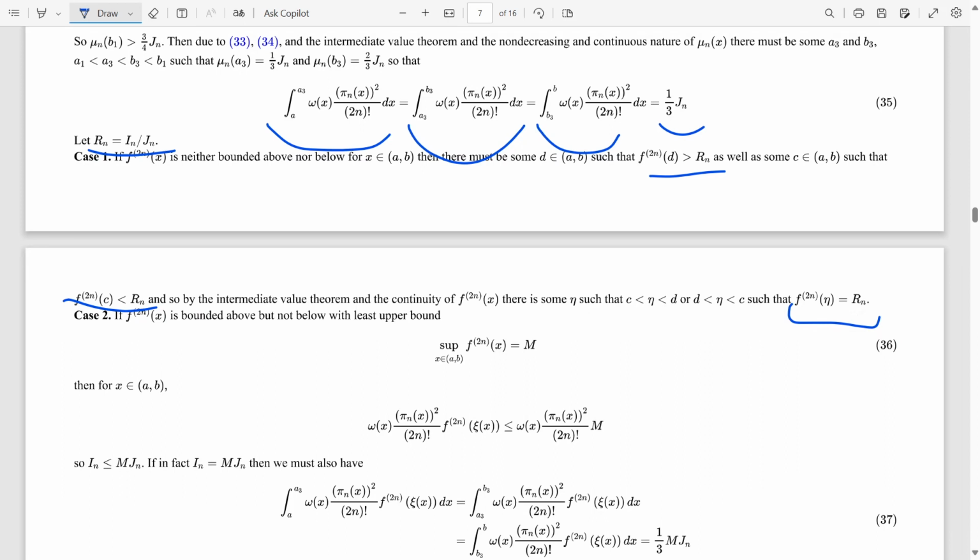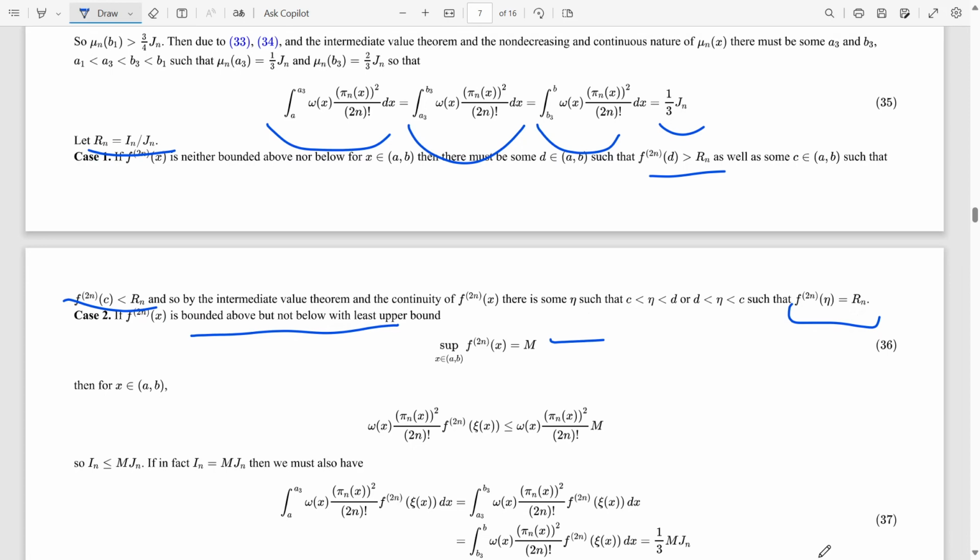So now here, if we assume it's bounded above but not below, and here's our least upper bound, in this case, we can go back to 35 and focus on this. Okay.